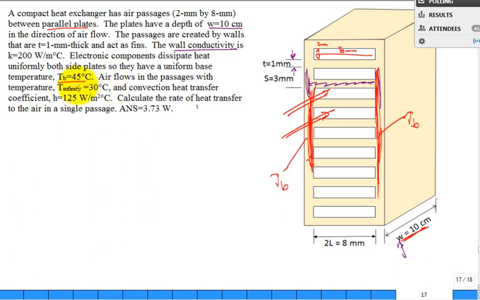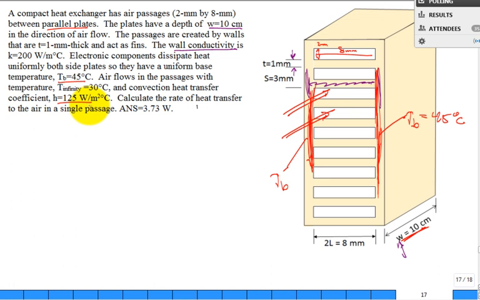They tell us that it's 45 C on those four sides, 45 degrees C. Airflow's in the passage. And airflow, you could say, comes in at 30 and really doesn't heat up that much and stays 30. Or maybe comes in at 29, leaves 31, average 30 degrees C for the air. And the convection coefficient is quite high, 125 watts per meter squared degree C.